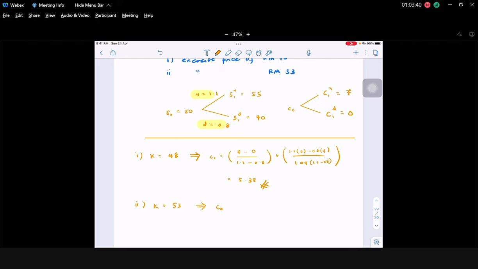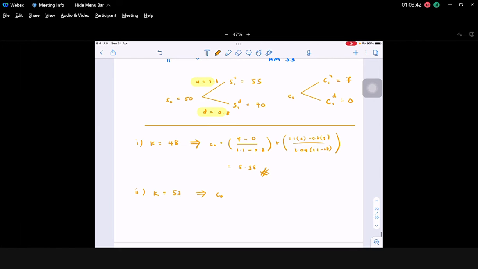What's the call price? Okay, option price untuk K equal to 53. Okay, just by substitution, so awak akan dapat 1.54 lah kan?